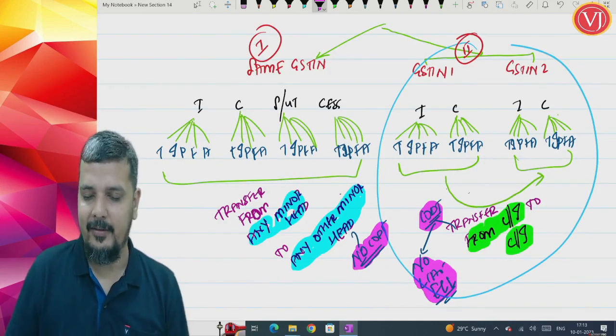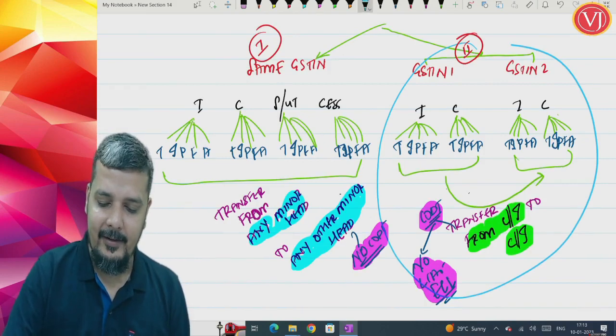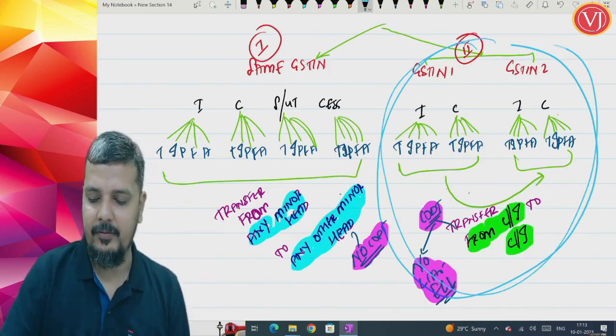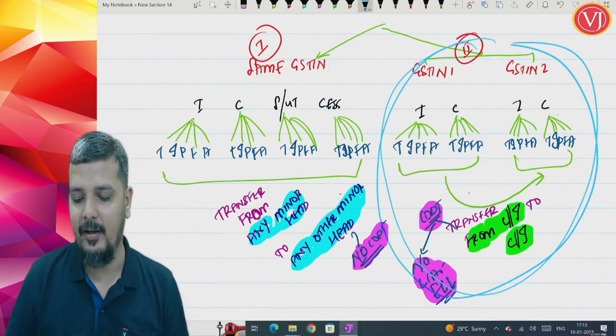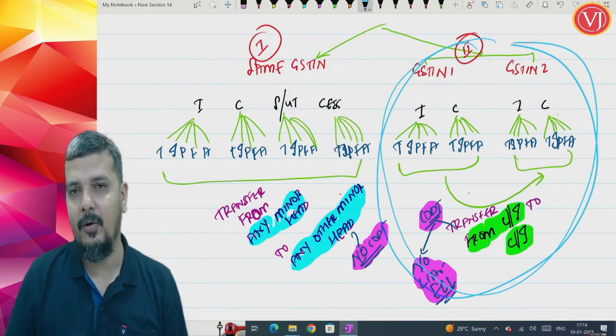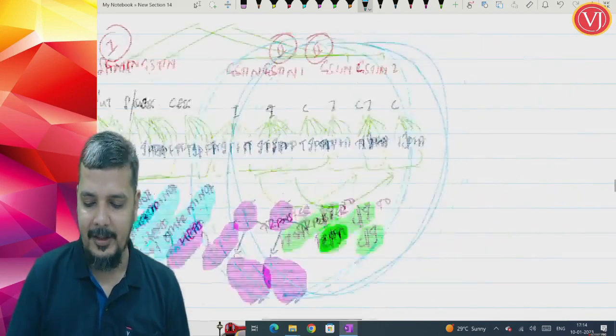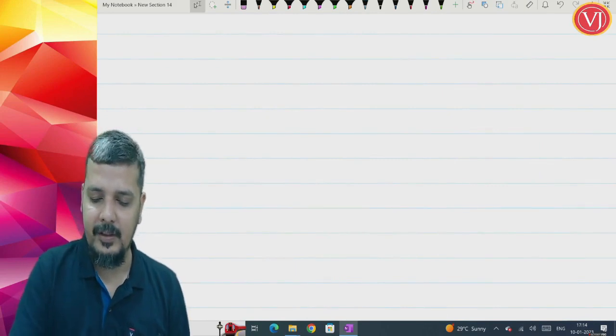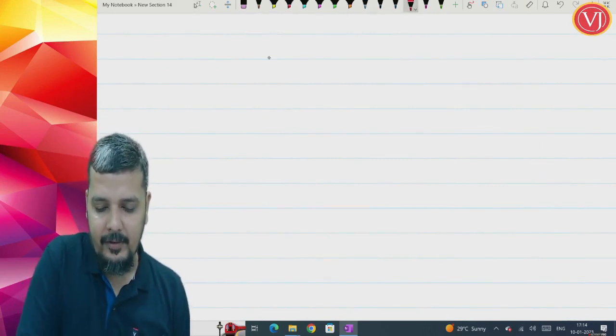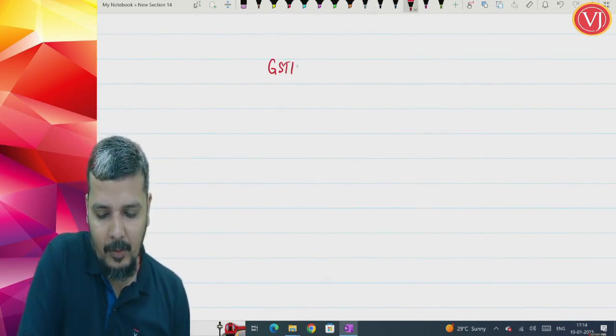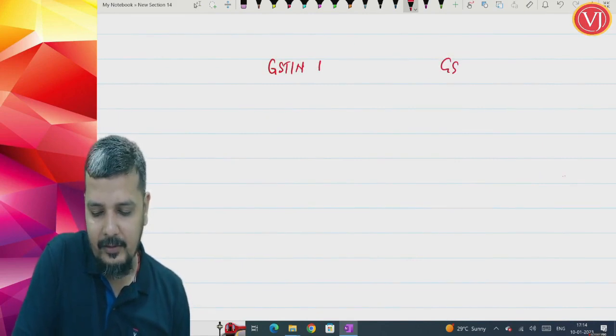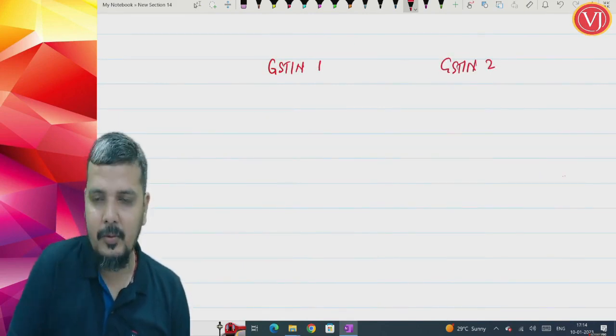But nevertheless, understand that when this transfer is allowed, even if there is liability in GST number 2 of SGST, you can use it. Let me take an example and show you. Supposing you have GST number 1 and GST number 2.